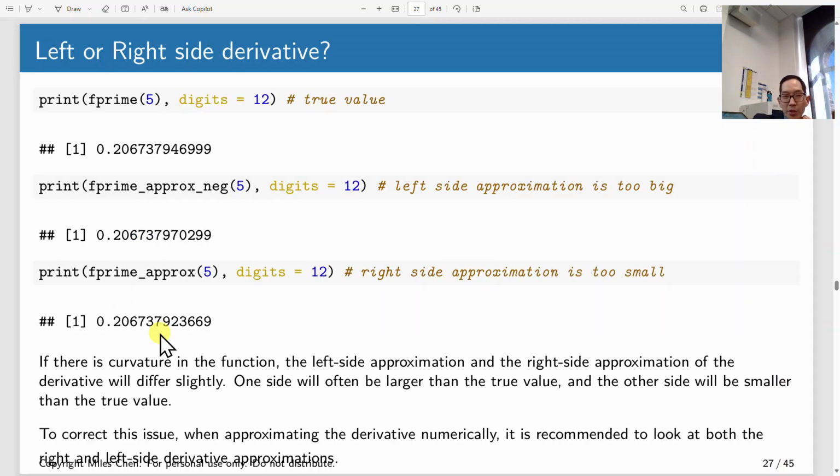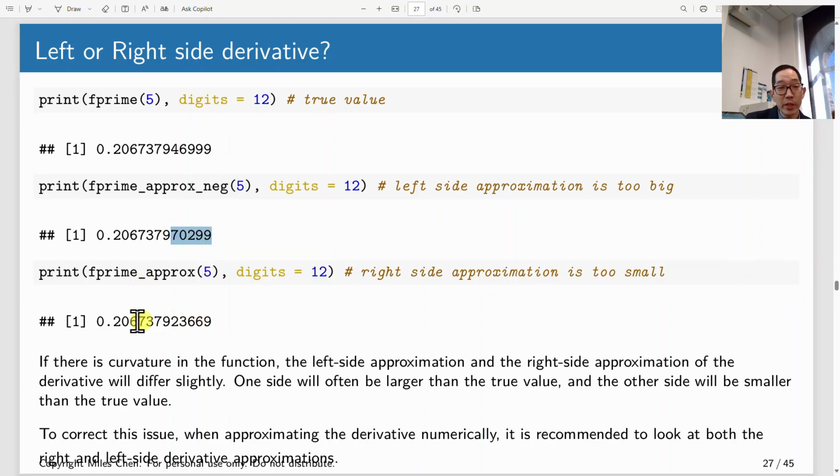Here, when I use the actual f prime, the true value, I have 2067379, and then my last few digits are 46999. When I take the negative approximation, I'm accurate to 7 decimal places again, 2067379, and then my last few digits are 70299.